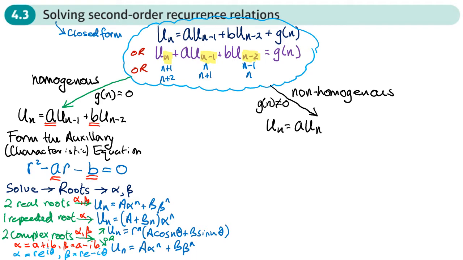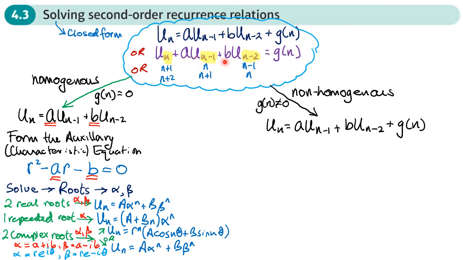So it'll be the same as the homogeneous, but then we'll have this function of n on the end. Now, as I said before, this may be written in one of these forms here. We tackle it in the same way, so we don't rearrange this like the second purple one to look like the one at the top.